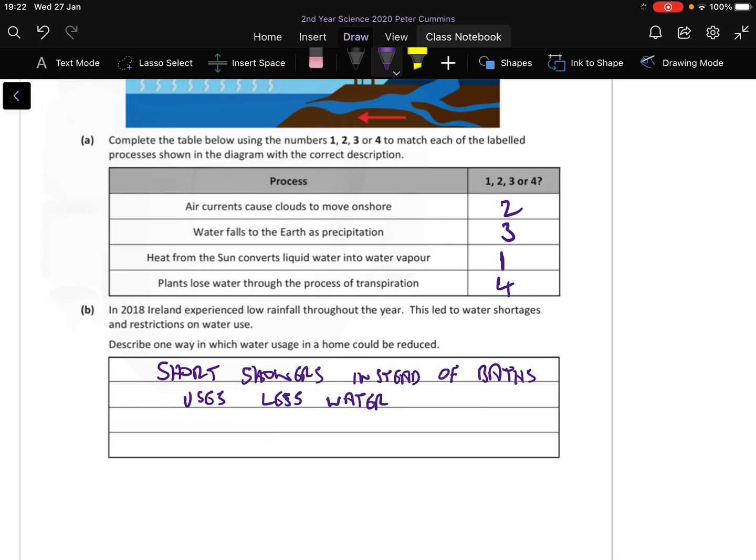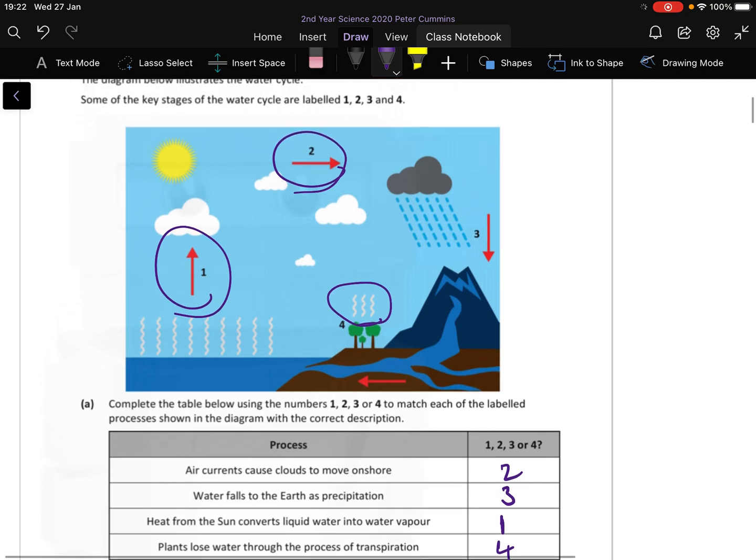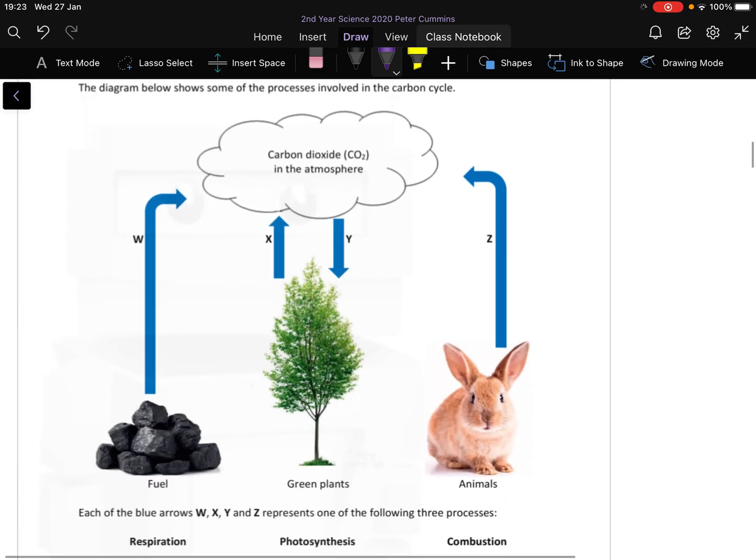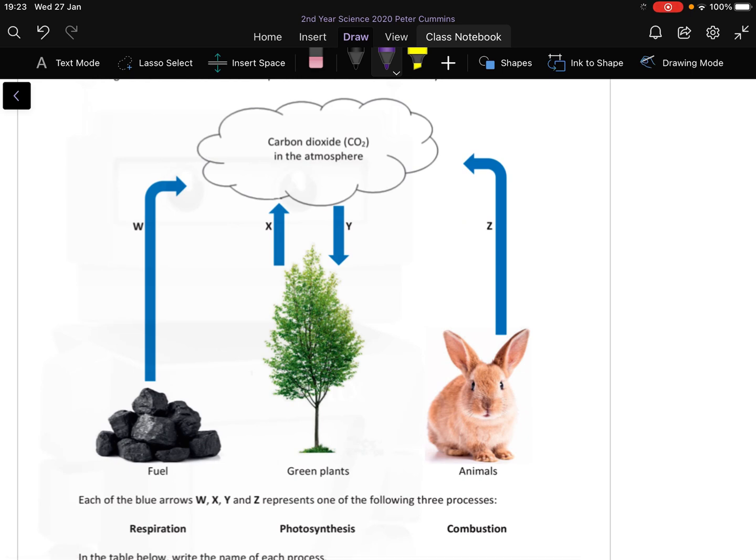Washing your dishes in the sink as opposed to washing in the dishwasher would probably use less water. So there's loads of ways of saving water, but be careful. They say one way. You do yourself out of the marks by listing a load of them. Describe one way. Okay. That's not bad for 15 marks for a question. We take that.